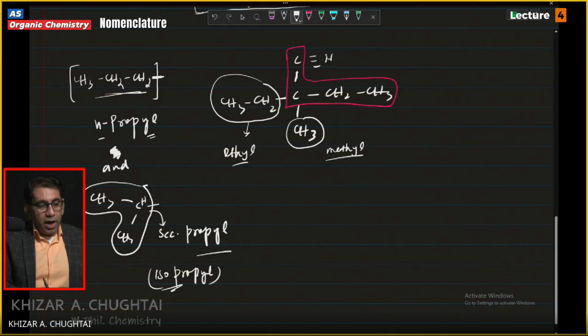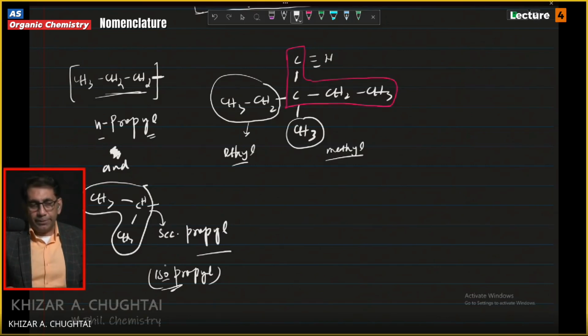Iso means this is the isomer of, and isomer means, in the simplest words, any other structure of the normal structure. So it is an isomer of this propyl, or specifically a secondary propyl. That was the previous lecture basically.